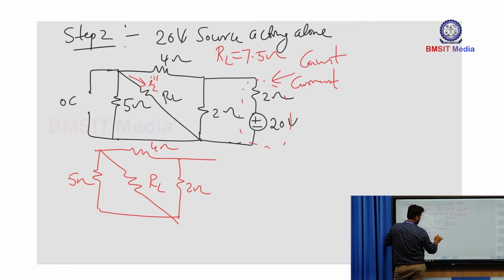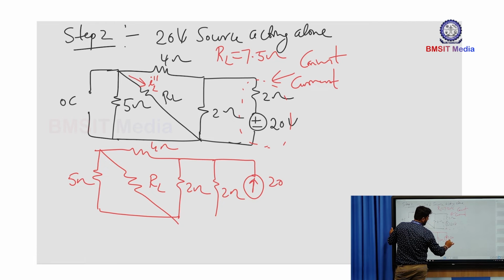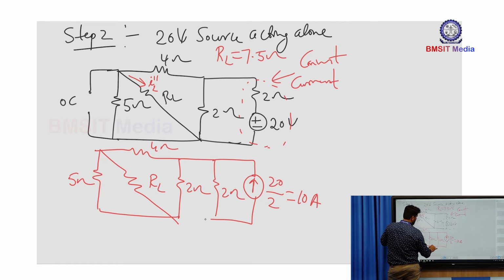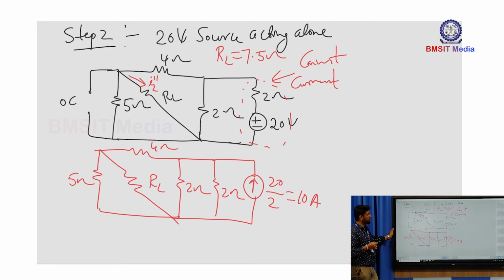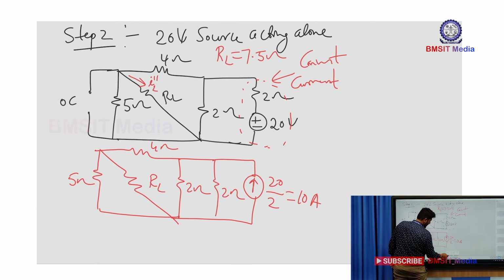If you convert this, you will get a 2 ohm in parallel, and the current value is 20 divided by the resistance value 2, which gives you a 10 ampere current. So this is the equivalent network when you convert this practical voltage source into a current source. So these are equivalent.